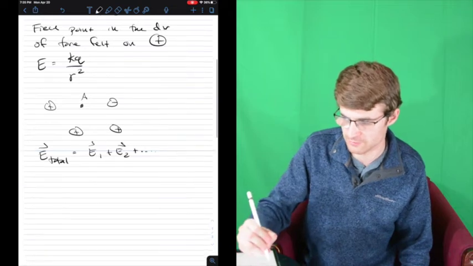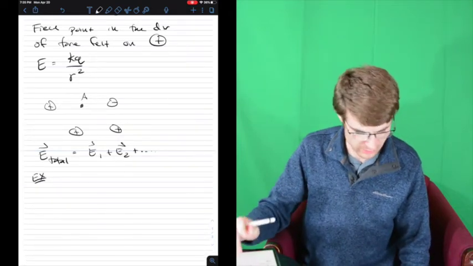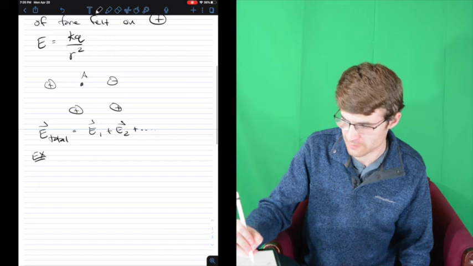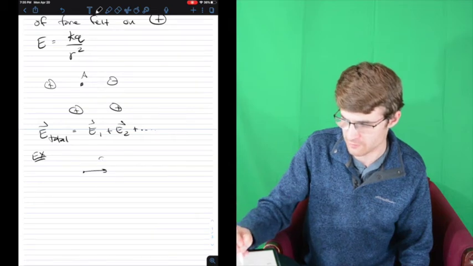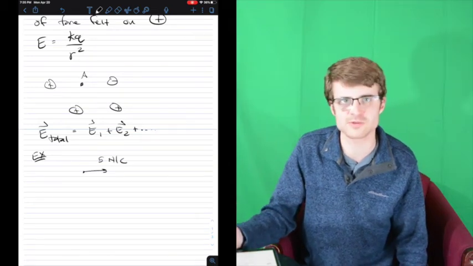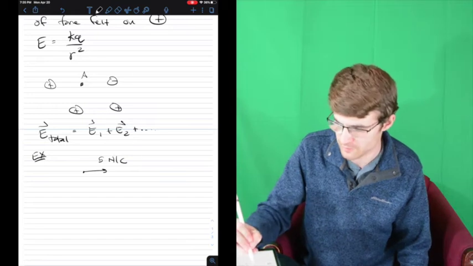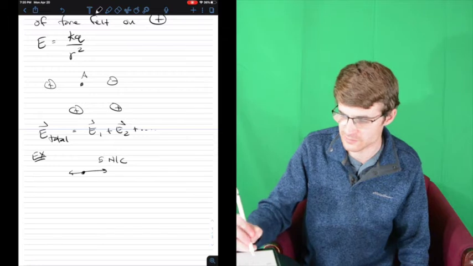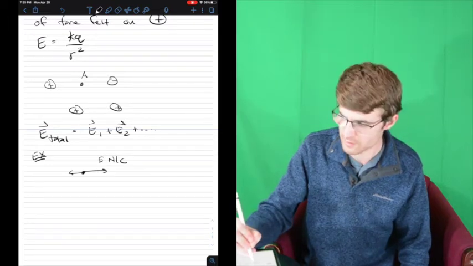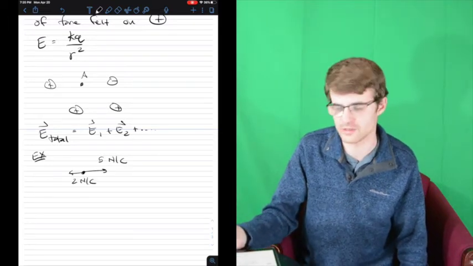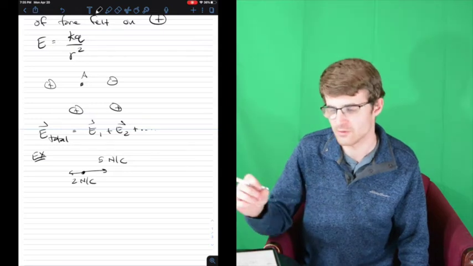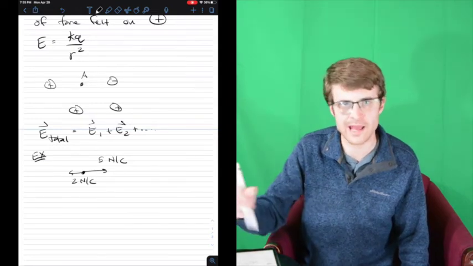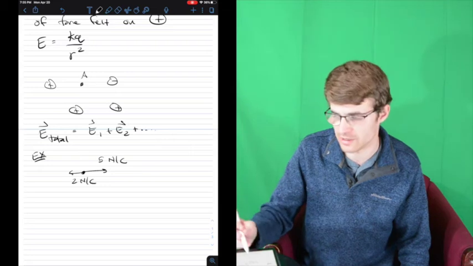So for example, let's say at point A I have a field that's pointing this way from some source that's 5 newtons per coulomb. And at the same point, there's another source of field which gives maybe a 2 newton per coulomb field. I want to find the net field. Well, we would add these together in a way that takes direction into account.